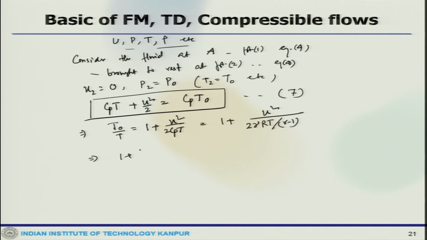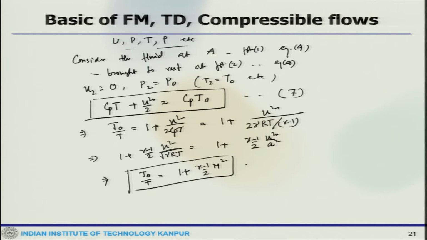If we simplify a bit further, what we get? 1 plus gamma minus 1 by 2 U square by A square. So, this will have T naught by T equals 1 plus gamma minus 1 by 2 M square. So, that is equation number 8.